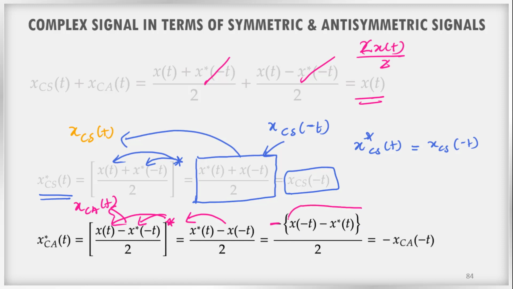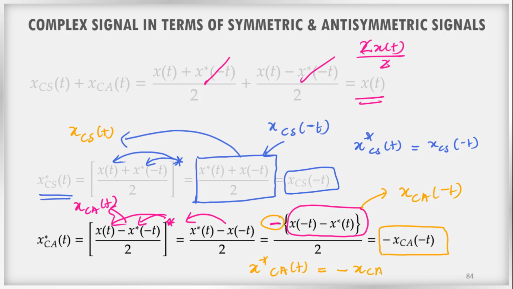If we carefully observe, this portion of the signal is equal to XCA of minus t, the time reversed version of our actual signal XCA of t, and we also have a minus here, so we represent it as minus of XCA of minus t. So we can write x asterisk of XCA of t is equal to minus of XCA of minus t. This is the condition for conjugate antisymmetry, which once again confirms that our signal XCA of t is conjugate antisymmetric in nature.